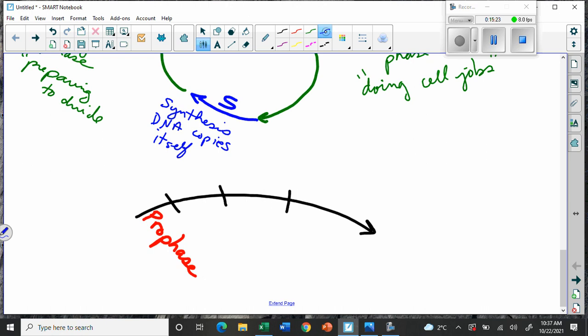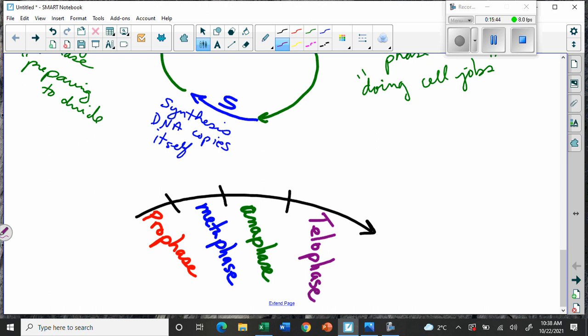The second stage is called metaphase. The third stage is called anaphase. And the last stage is called telophase.